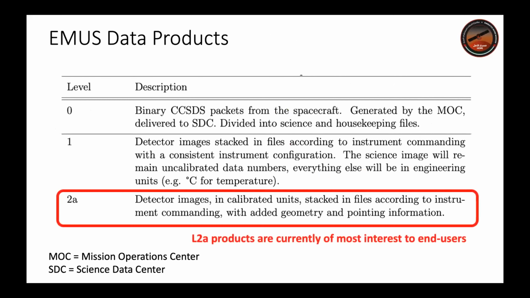Probably right now, you want to look at the 2A products. These have calibrated detector images in those stacks of different integrations. We've also added geometry and pointing information for your convenience. Of course, you can always do the SPICE calculations yourself with the kernels that are provided if you know how to do that. But we've tried to include useful geometry for all the pixels in the image.